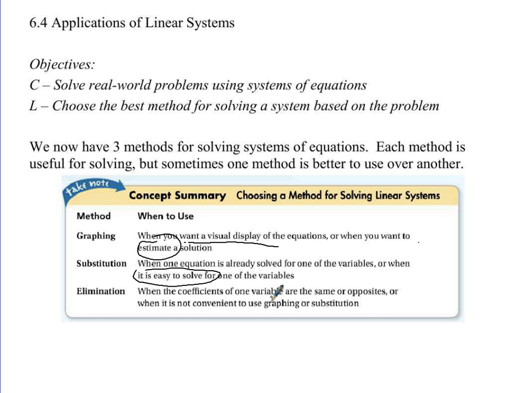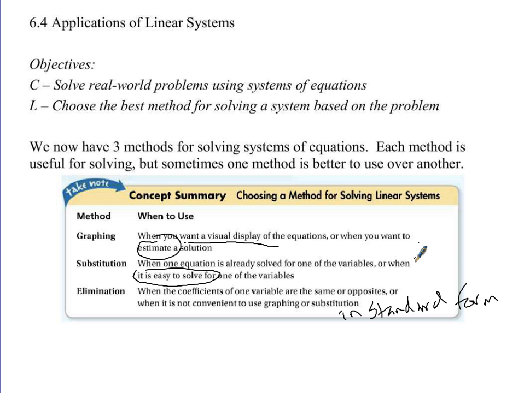I would actually add to this, if your equations are in standard form, usually elimination is going to be the best, unless you have a variable that is easy to solve for. And then in that case, you might choose to use substitution.